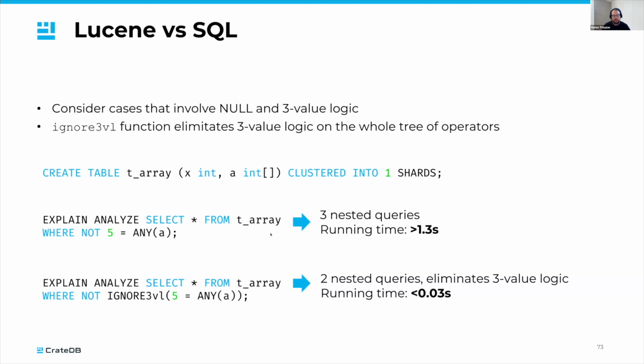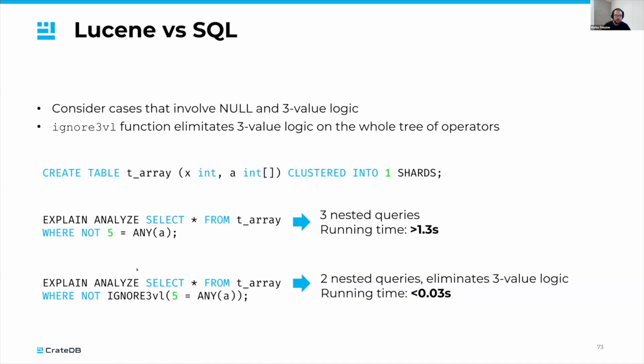And for a simple example with an array of integers and a query here, we can see that this produces 3 nested queries in order to execute this 3-value logic correctly, and it runs in more than 1.3 seconds.